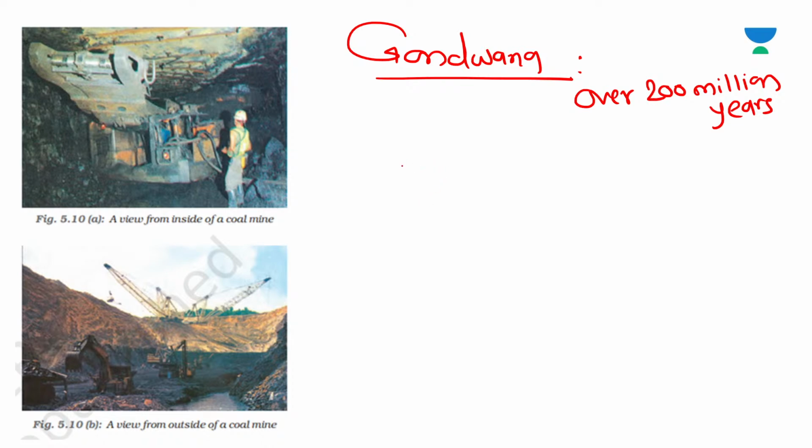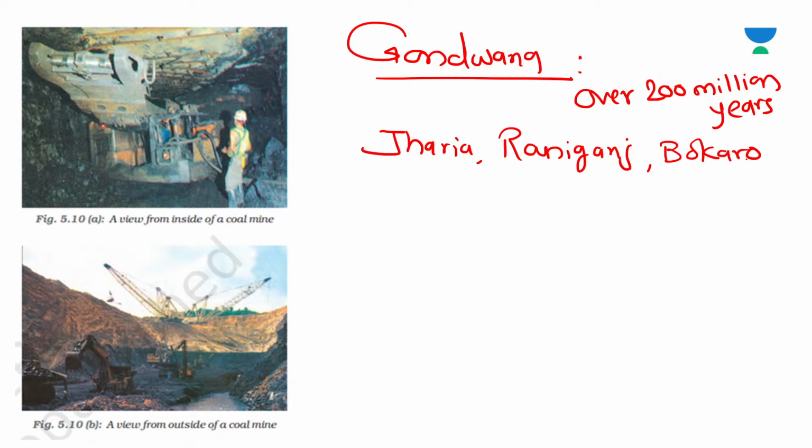So Jharia, Raniganj, Bokaro are important coal fields. The Godavari, Mahanadi, Son, and Wardha valleys also contain coal deposits.